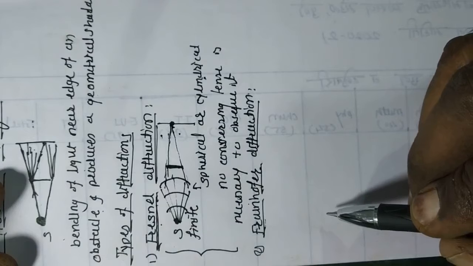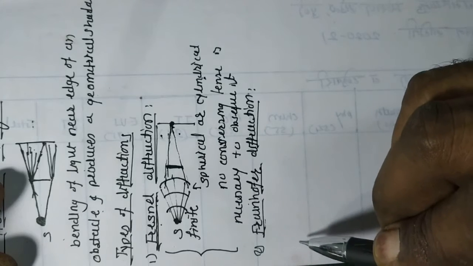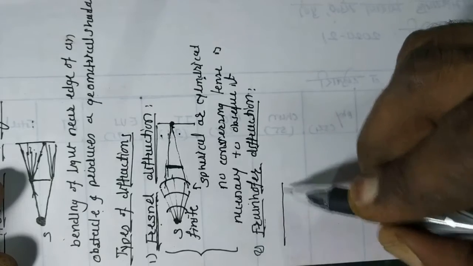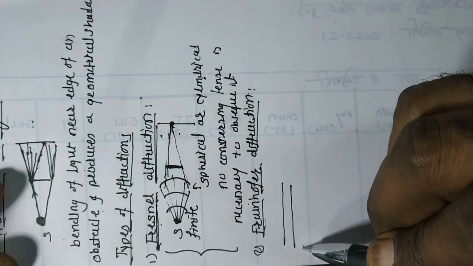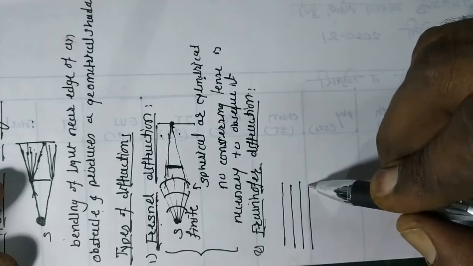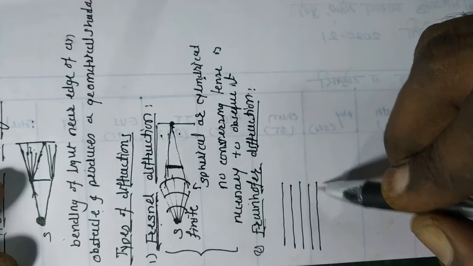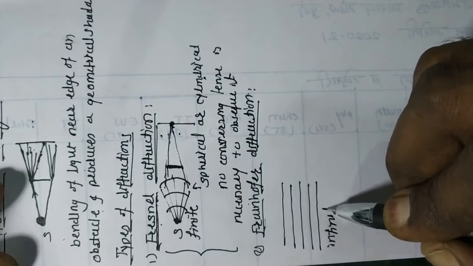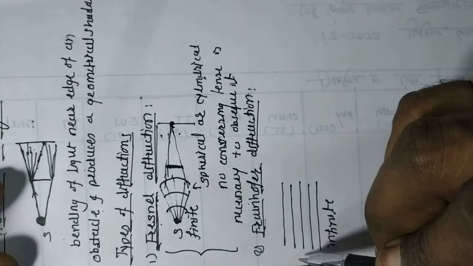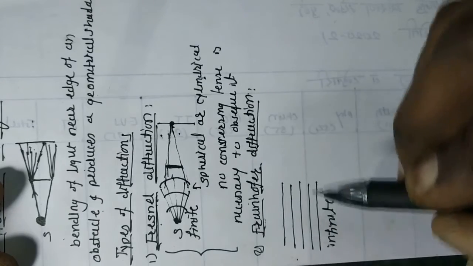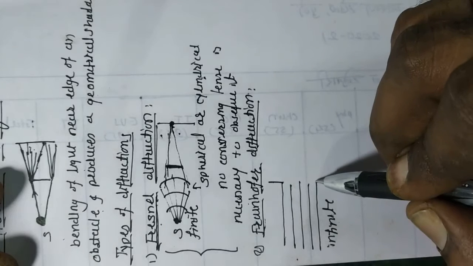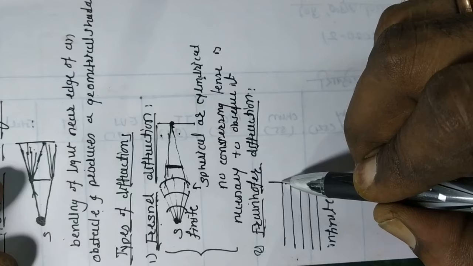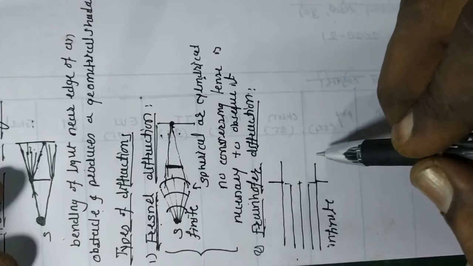Fraunhofer diffraction. If the source of light is at infinite distance, then the incident wavefront is plane, and hence the diffracted wavefront is also plane.